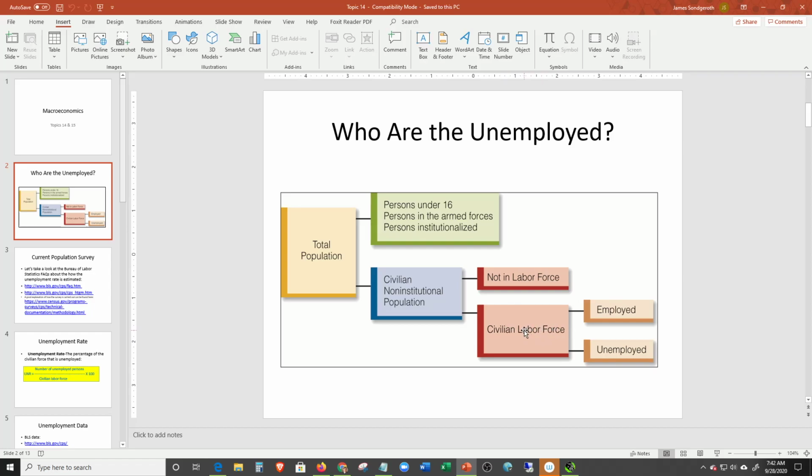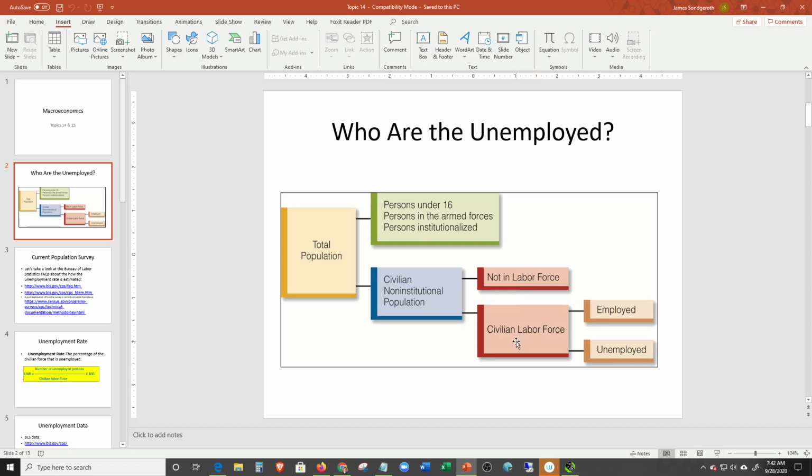Now, if you add together the people in the civilian labor force, employed plus unemployed, there are a lot of other people in the population, not including people under 16, in the armed forces or institutionalized. But those other people will be not in the labor force.